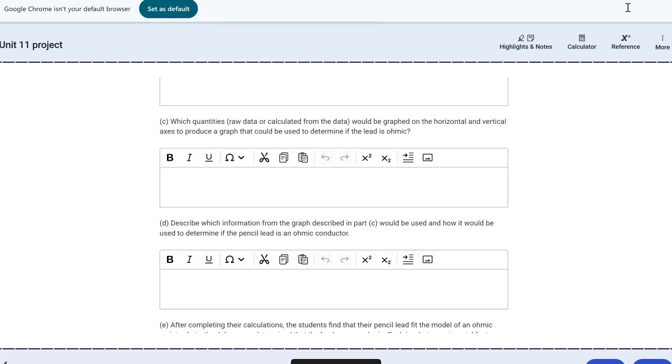So this would be just graphing V on Y and current I on X, and then I'd see if this is linear.